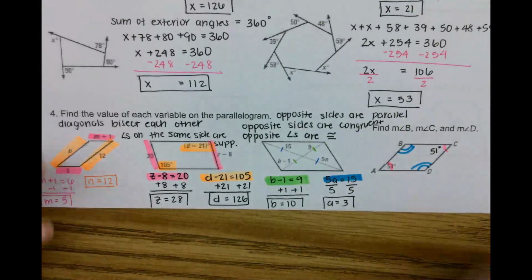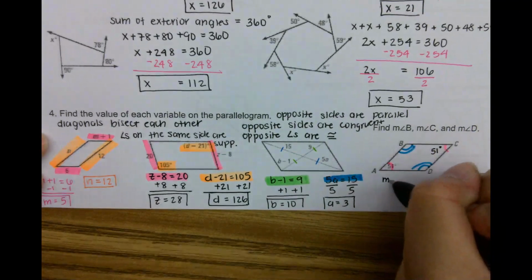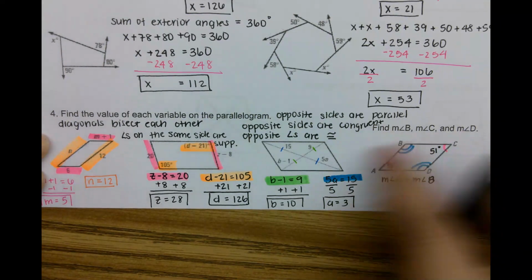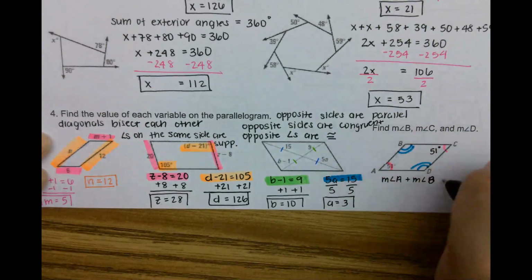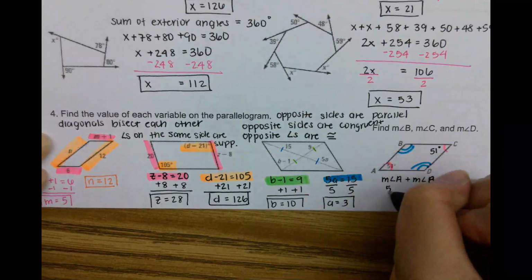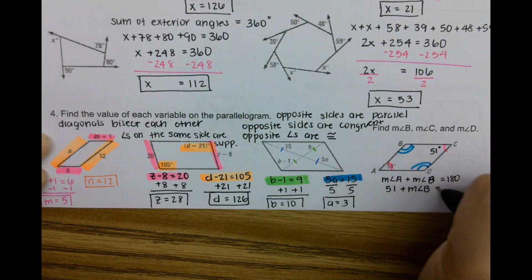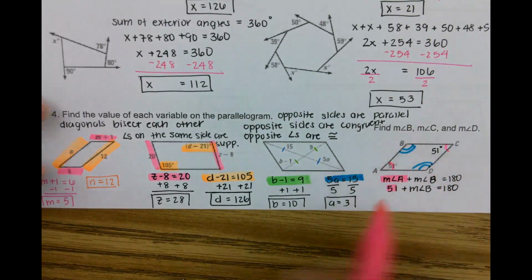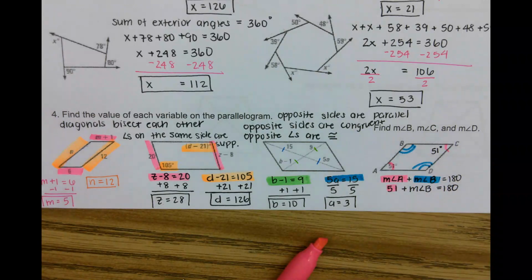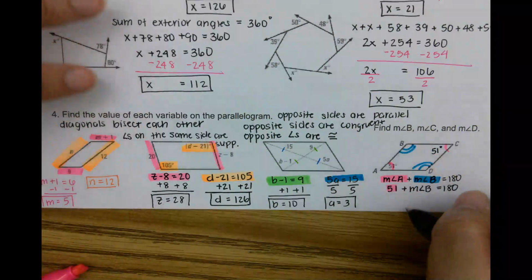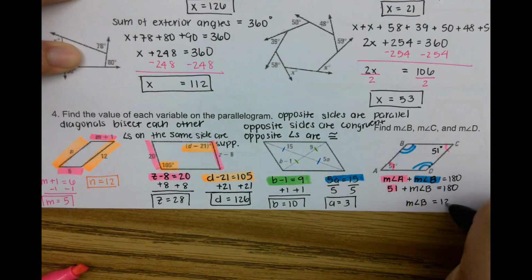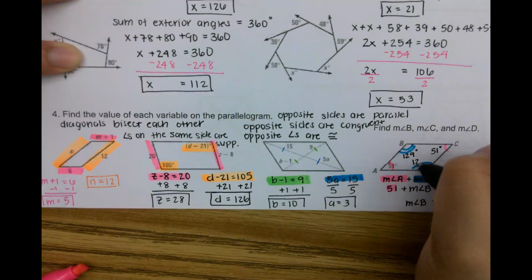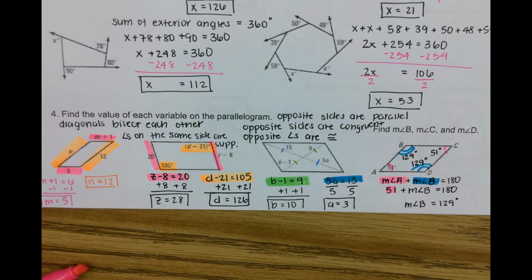So angle A plus angle B, they are same side interior angles, so they should total to be 180. Angle A we know is 51. And when I subtract that 51, angle B is 129 degrees. And since this is 129, the opposite angle for it, for a parallelogram, is also going to be the same. So that's also 129.